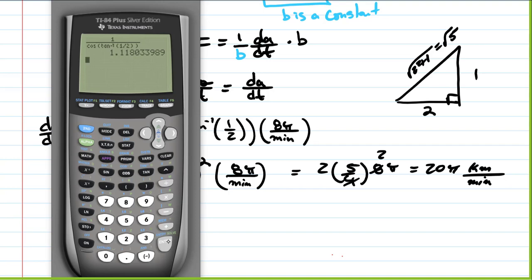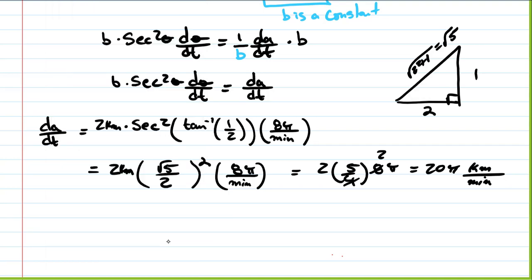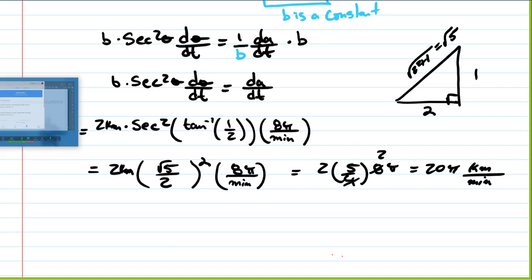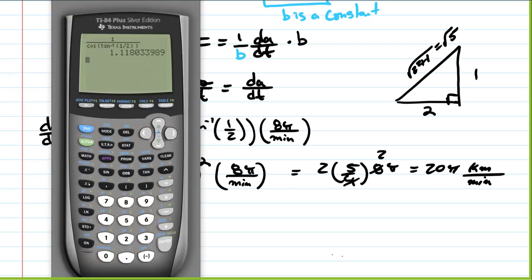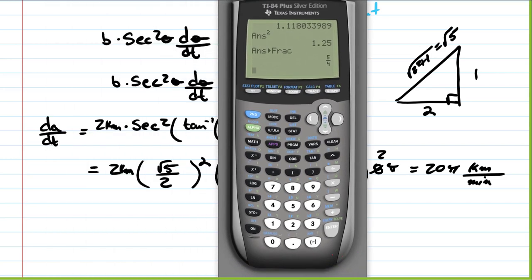And we get the value, and then we need to square that because it was squared. And we get 1.25, which exactly matches the 5 over 4 that we calculated when we did this, right?